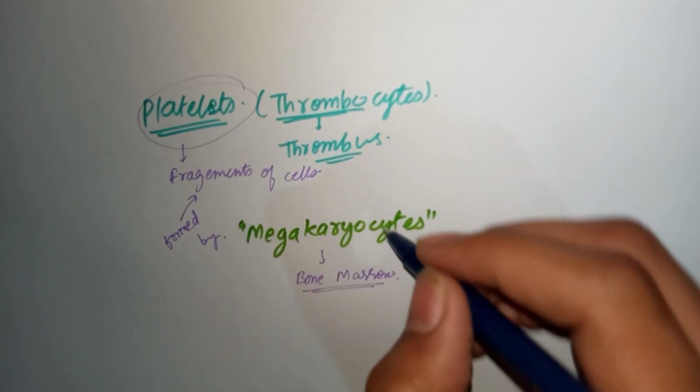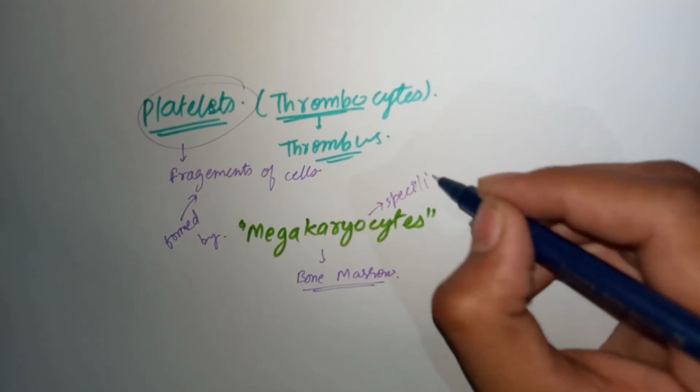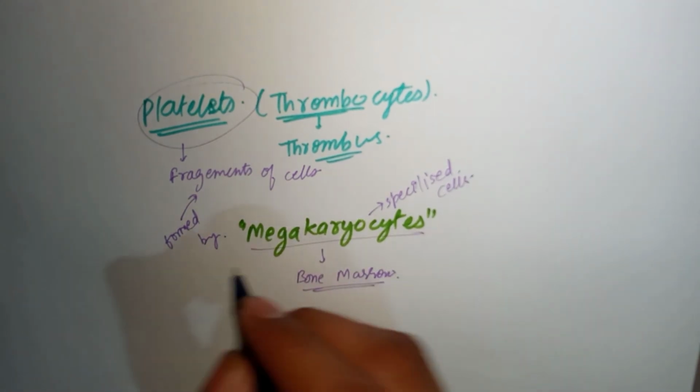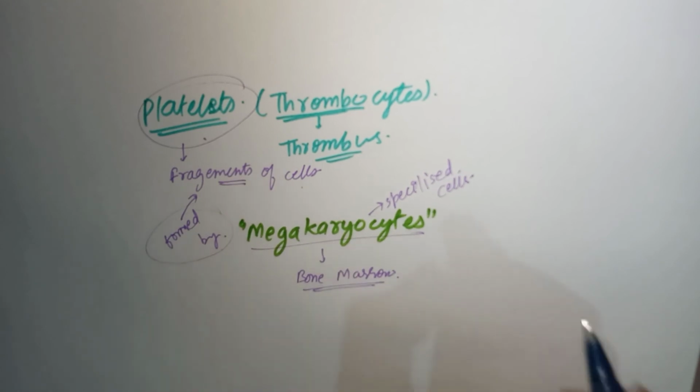These are specialized cells. They do what? They form the platelets. Platelets are fragments of cells.